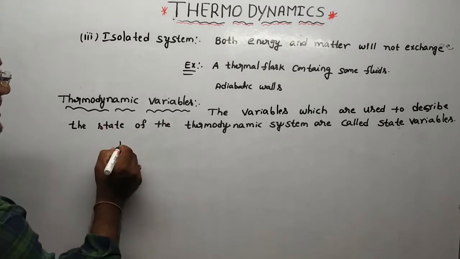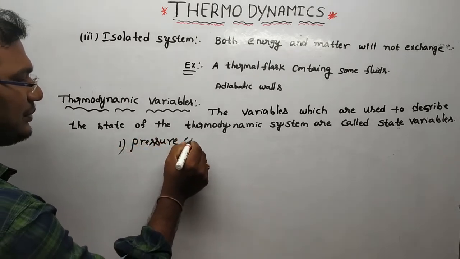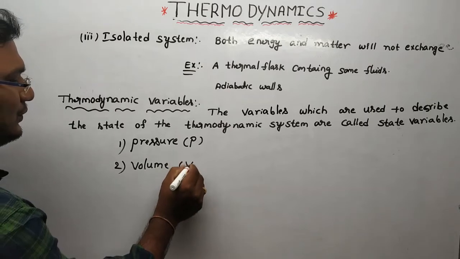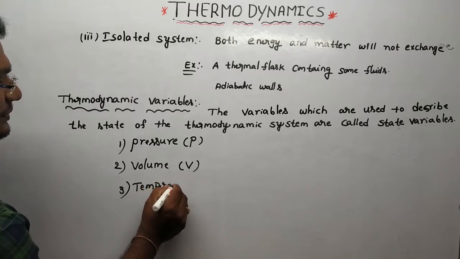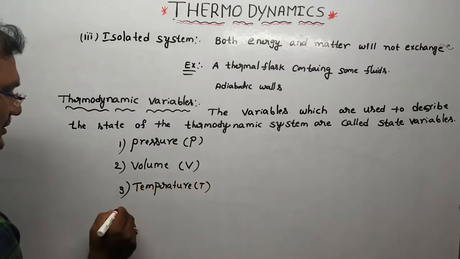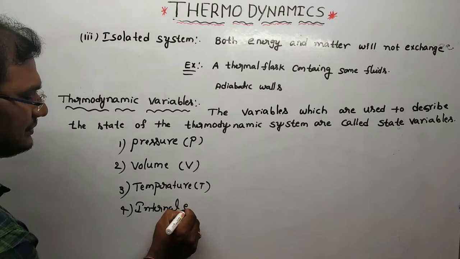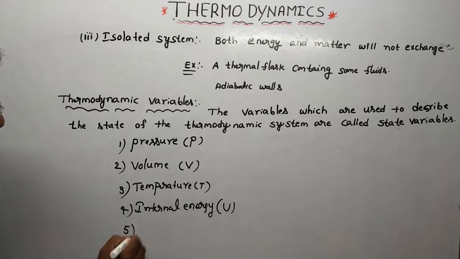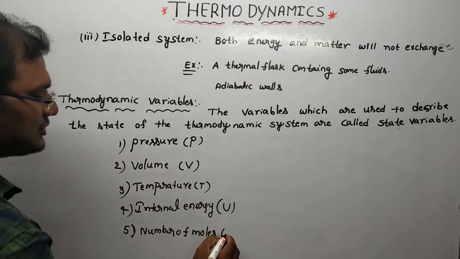In thermodynamics the state variables are pressure P, second one volume V, third one temperature T, fourth one internal energy which can be represented by the letter U, fifth one number of moles, small n.